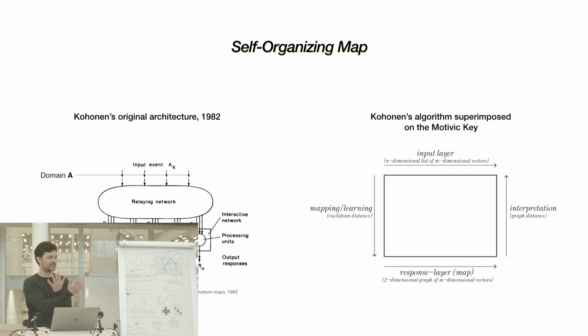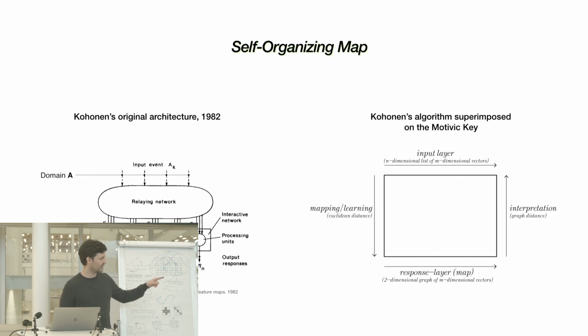So I superimpose them on top of each other. On the right, you can see the self-organizing map shown on a motivic key of natural communication.